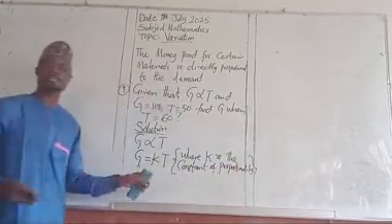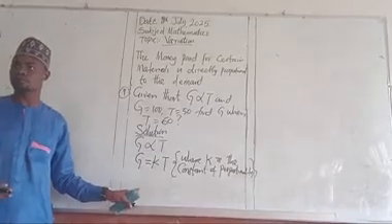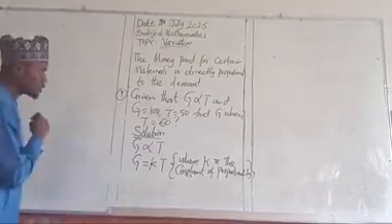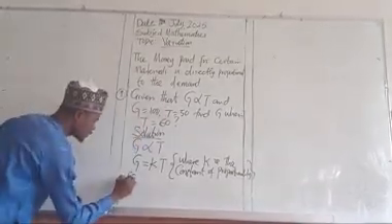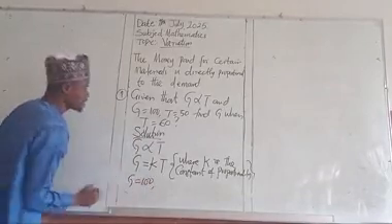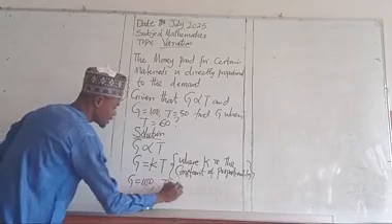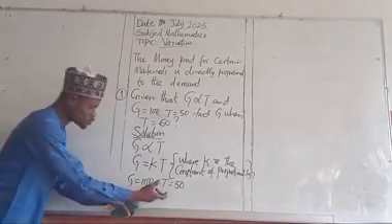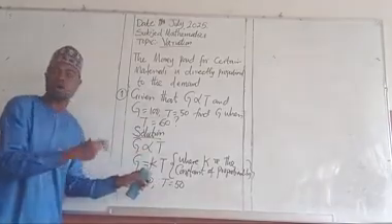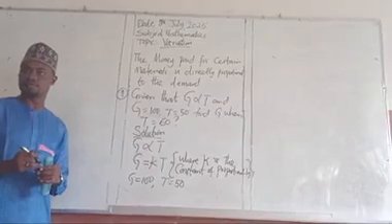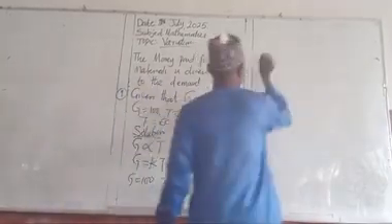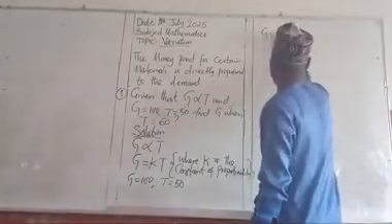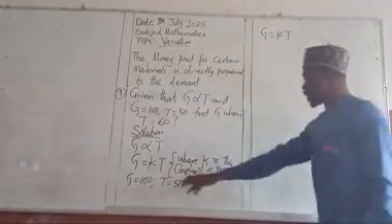This equation is very, very important for us. Now we have G to be 100 and T to be 50. So we have to use these two values to find the constant of proportionality. So we have the equation as G is equal to KT. What is our G here?